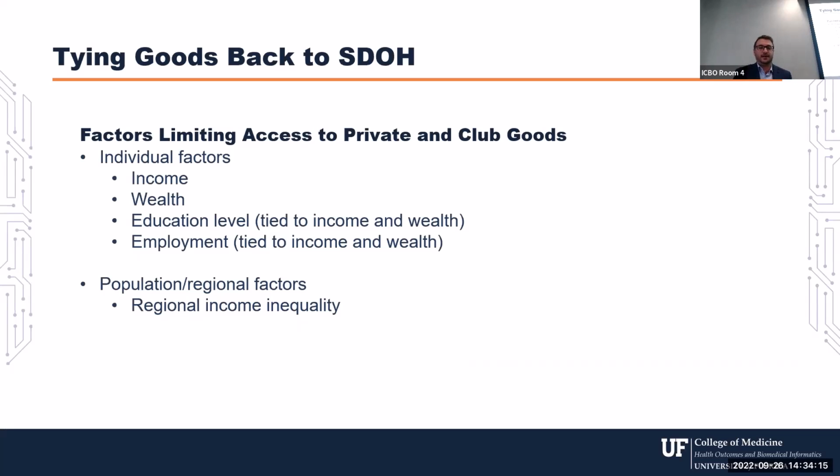But these include income, wealth, education level, which is tied to income and wealth, and employment, which is also tied to income and wealth. There are also population and regional factors like regional income inequality that could actually lead to a tiered system of services and goods that are offered to the population there based on income.